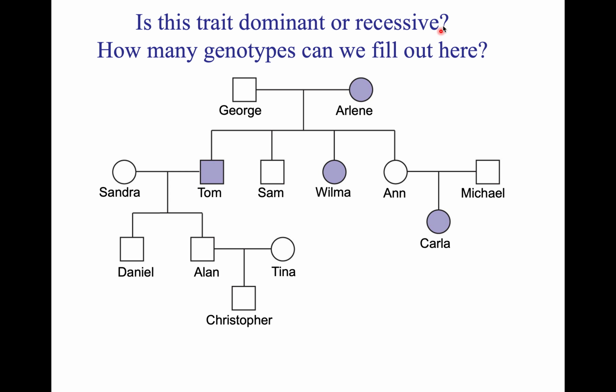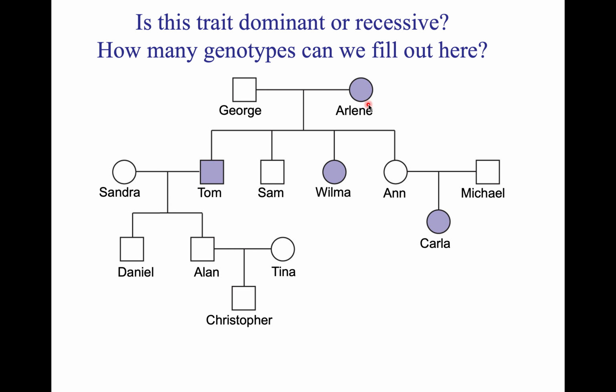family. First thing to ask would be, is this trait dominant or recessive? And what you'll notice is we are seeing the trait skipping generations in this case because, for example, we look here, Arlene has the trait, her daughter Anne does not have the trait, but then Anne's daughter Carla does, so it skipped over Anne in this particular case.